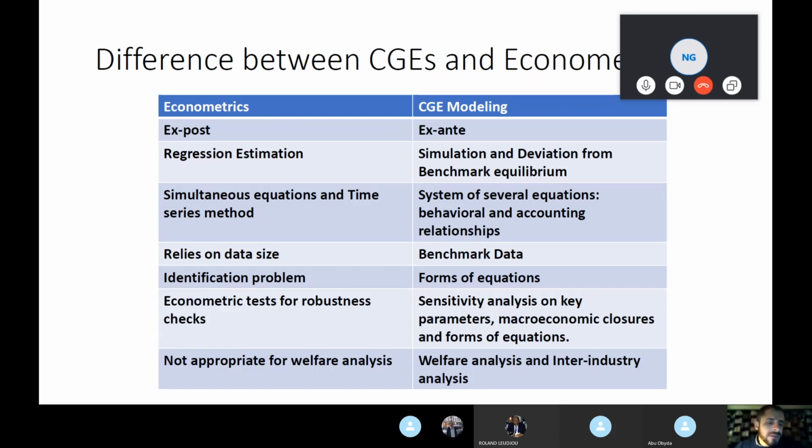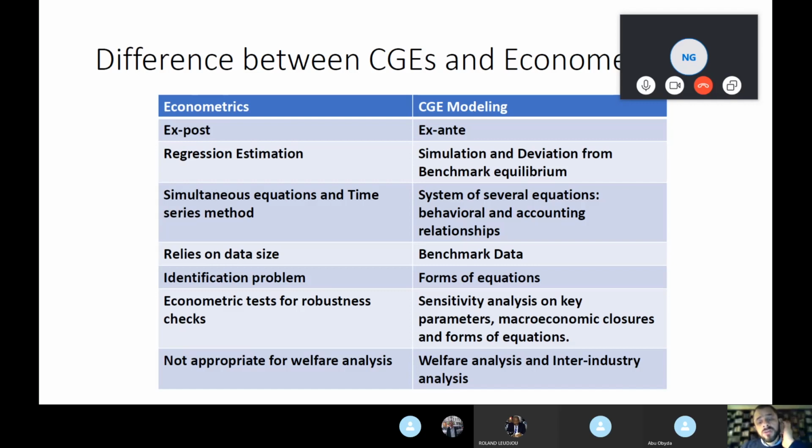For econometrics, the main problem that we face is the identification problem, meaning how we're going to identify whether our variable suffers from any kind of endogeneity, for instance, or whether our estimation suffers from any technical problem like heteroscedasticity, multicollinearity, such problems.